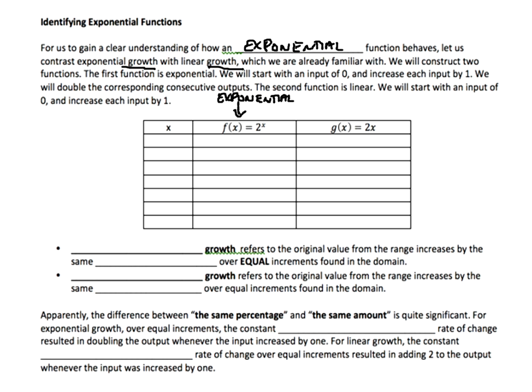If we contrast that with g of x, this being a linear function, we can see that we have our input that changes, but we're simply multiplying that by 2. So there's a difference in multiplying a value by 2 and raising 2 to a particular value. In the exponential function, we've got repeated multiplication that's happening there.